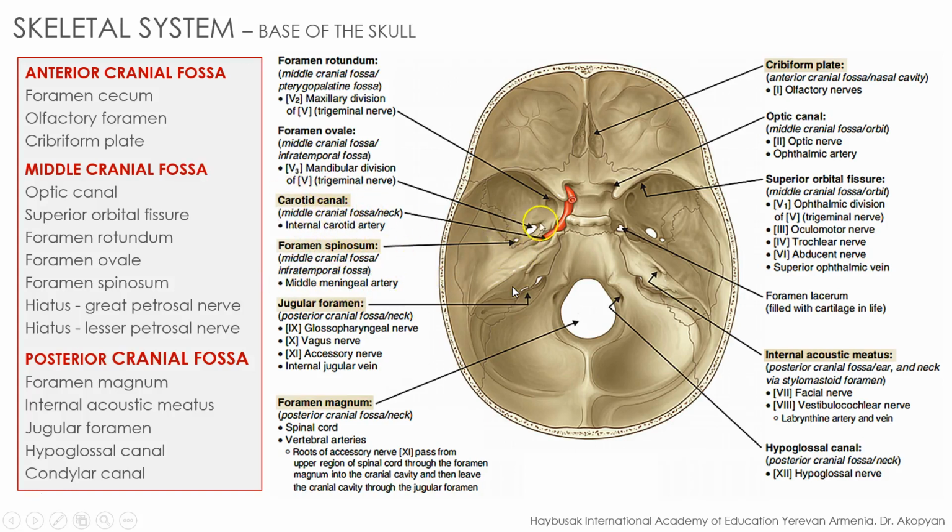The carotid canal, internal carotid artery. Foramen ovale and foramen rotundum house the third mandibular division and second maxillary division of the trigeminal nerve as they pass through these foramina to innervate the face.